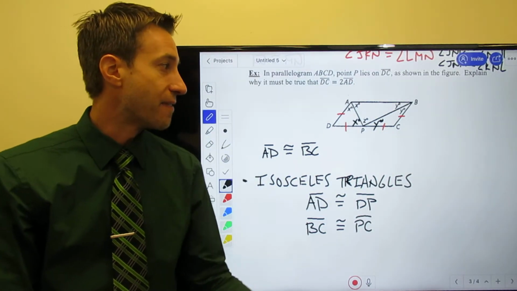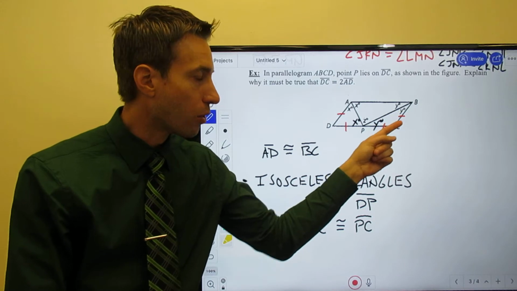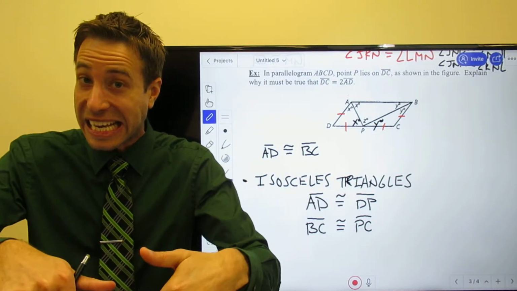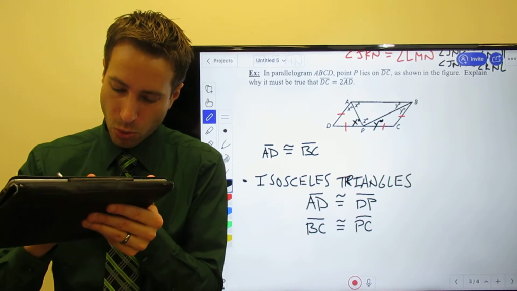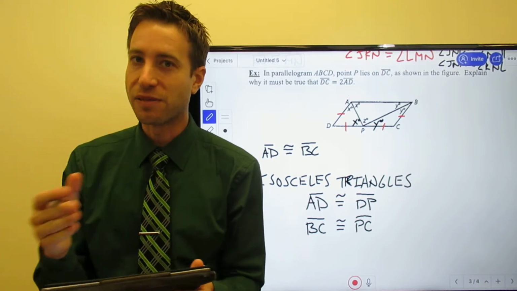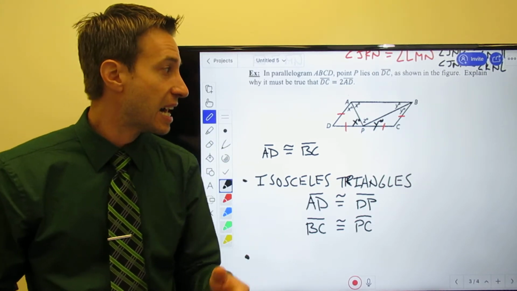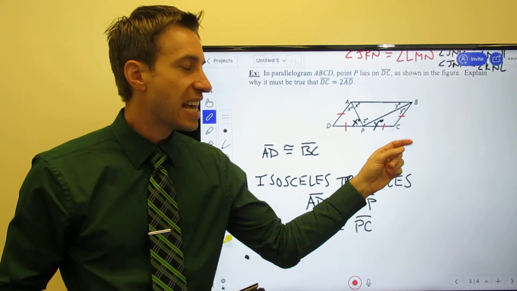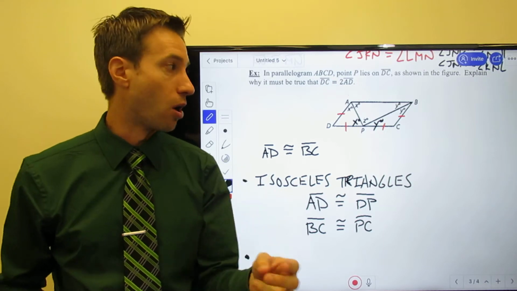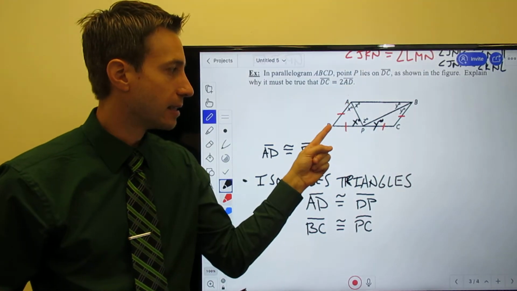Well, now I have everything I know. Look, check it out. All of those red hash marks mean each of those sides is congruent. So what I've got here is this very, very simple idea. I said DC is twice as long as side AD.